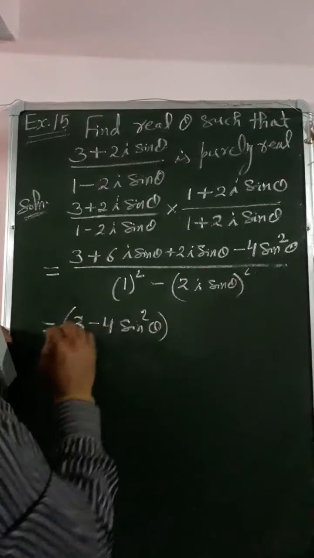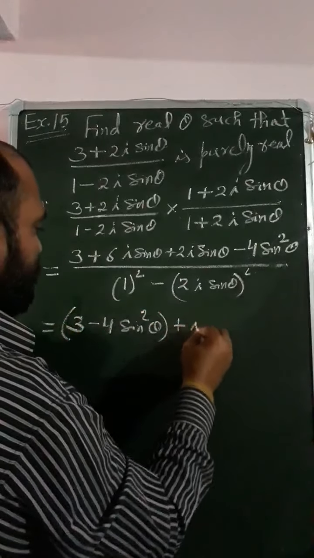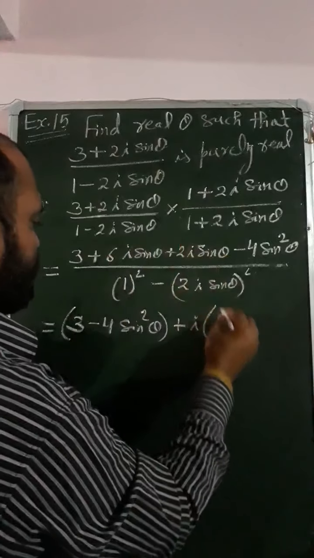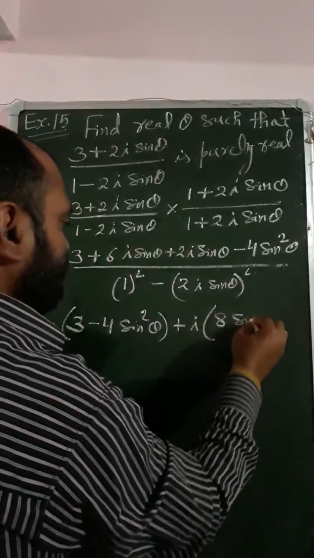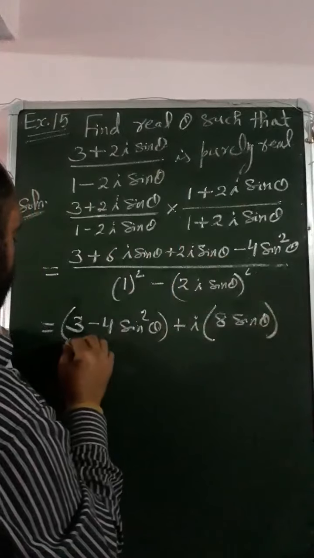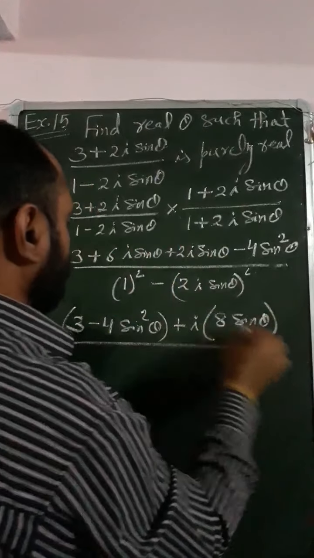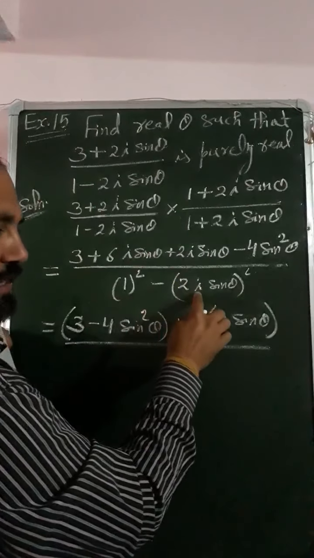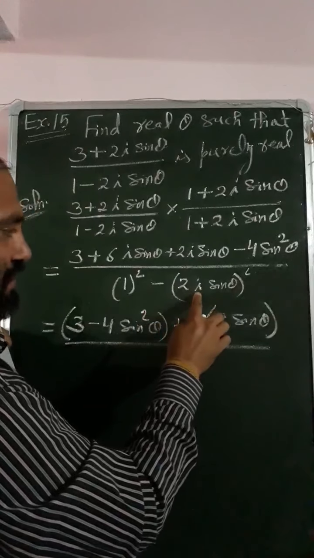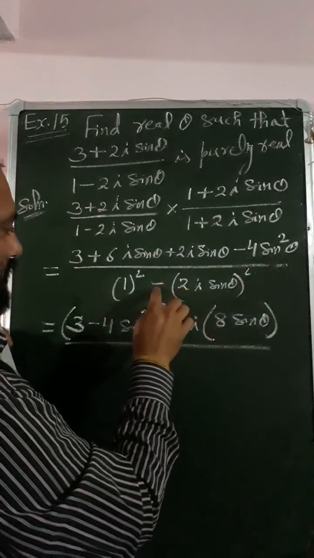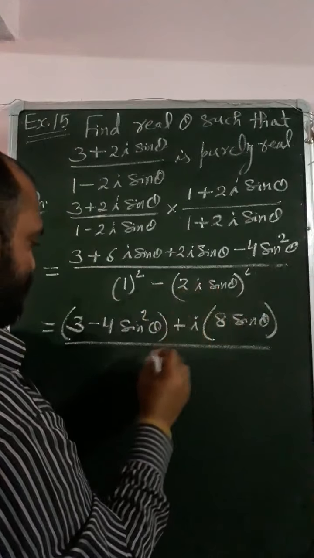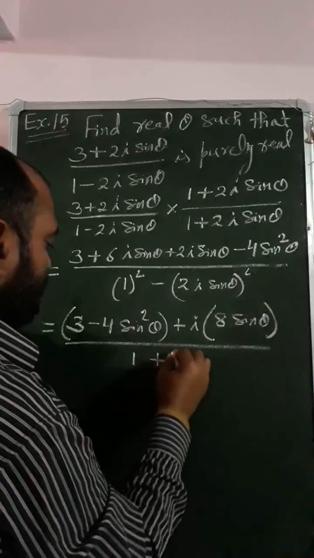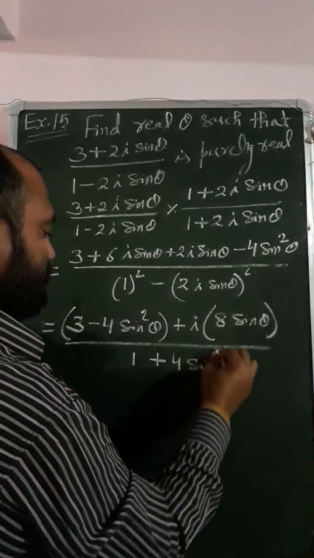This is the real part, plus i is common, we get 8 sin theta, right, over this 1, this i square is minus 1. So minus minus plus, this is 4 sin square theta, so this becomes 1 plus 4 sin square theta.